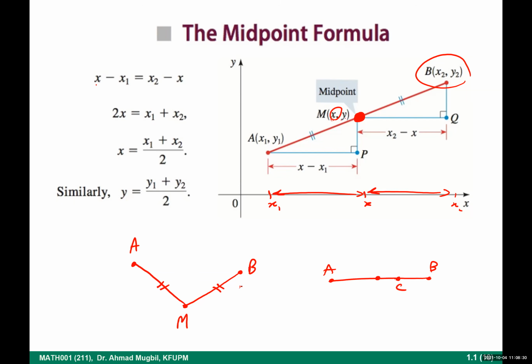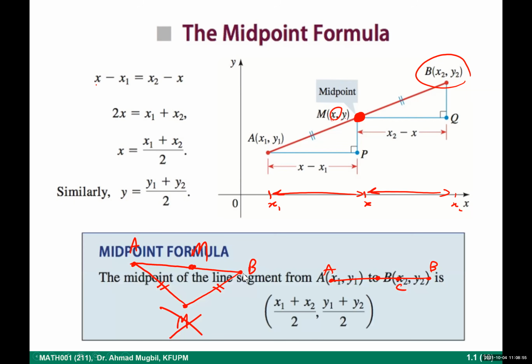It is not these 2 lines. The distance between A and B is the straight line joining them, this line segment. The midpoint is here. So this is not a midpoint. This is equidistant. It has the same distance from A and B, but it is not at the middle between them.